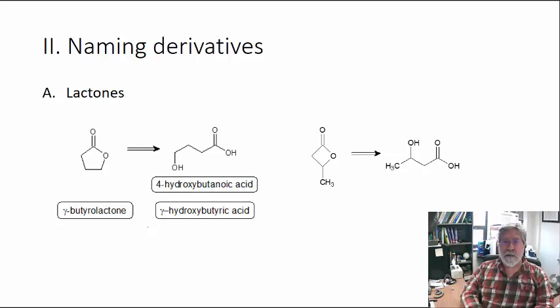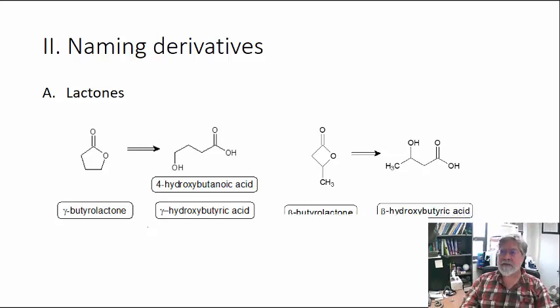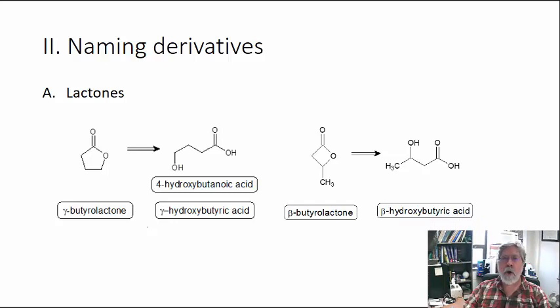And that means that the methyl group is attached to the 4-membered ring, since it was attached to the original acid. And so lactones can have alkyl groups attached to the ring. They would be part of the original acid. This is an example of a beta lactone, beta butyrolactone. All beta lactones would be 4-membered rings.